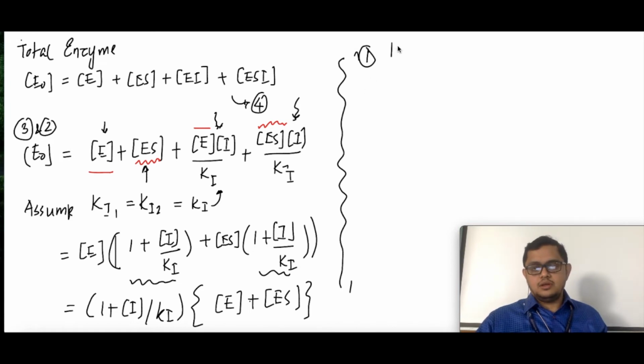So what is 1? Km is equal to E into S by ES.